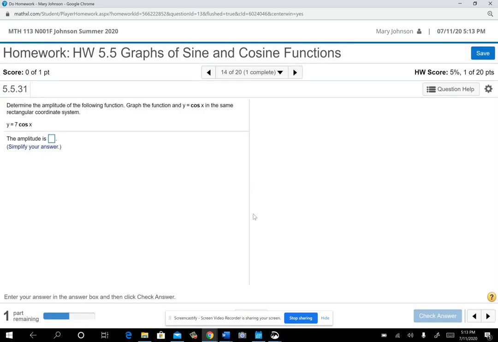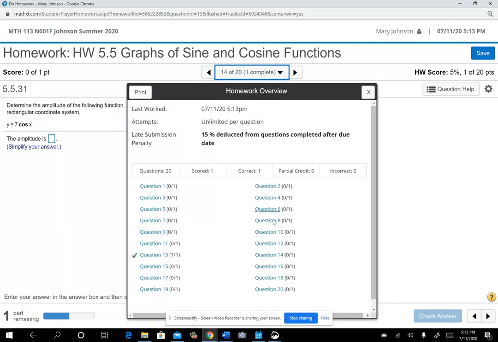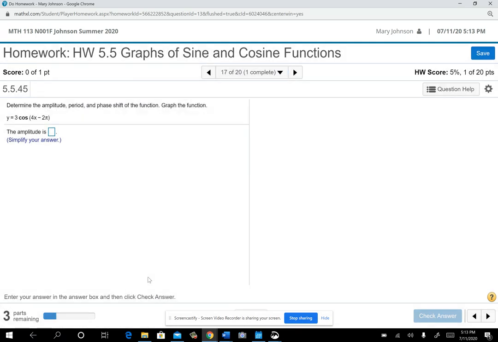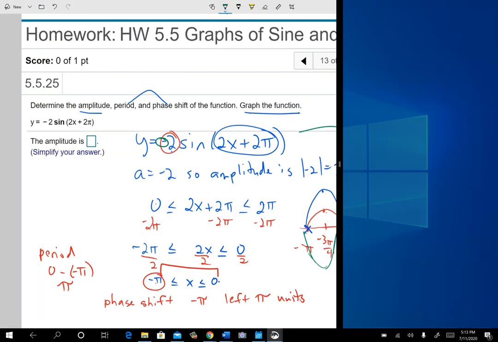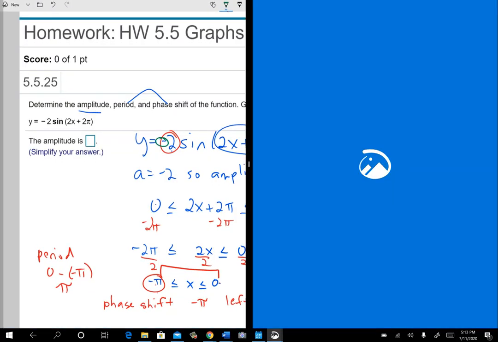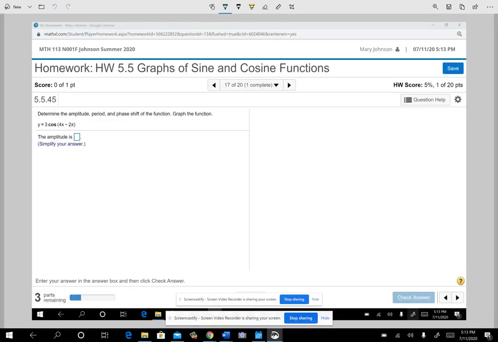Let's go and do maybe one more. Let's go look at 17. Okay, so on problem 17, we're doing a cosine one. Okay, so let me get a snip of that. And so let's kind of work through those key things.